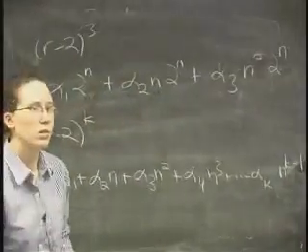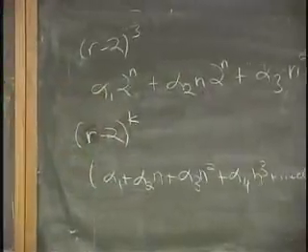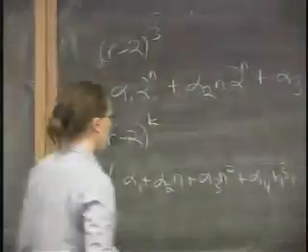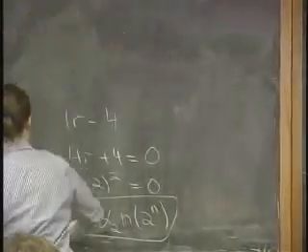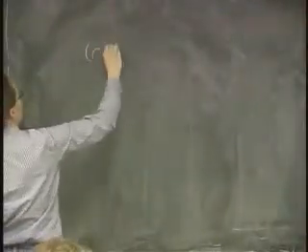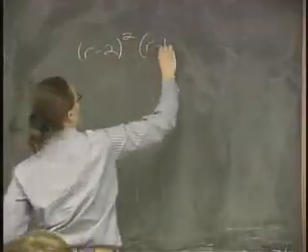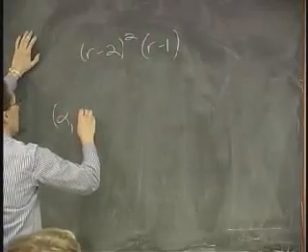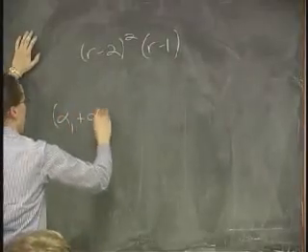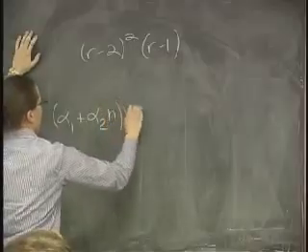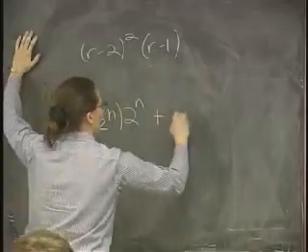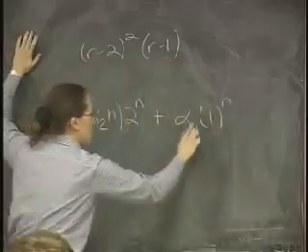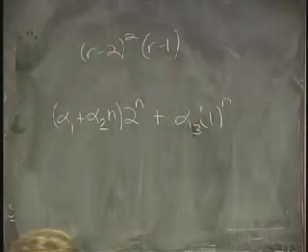Joe asks: how would you do it if you had r minus 2 squared times r minus 1? Good question, that's the next thing. If we have r minus 2 squared times r minus 1, the r minus 2 squared gives us an alpha 1 plus alpha 2 n times 2 to the n, and the other factor gives us an alpha 3 times 1 to the n.